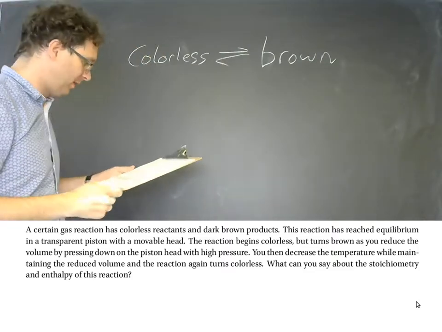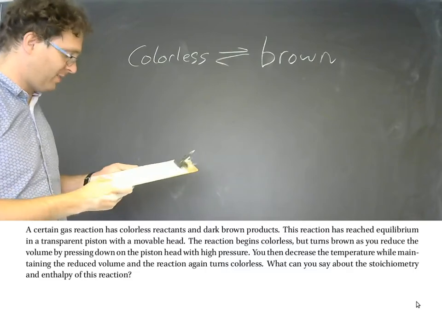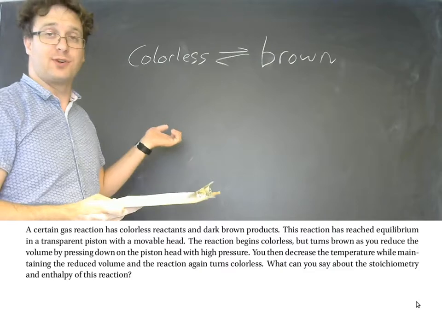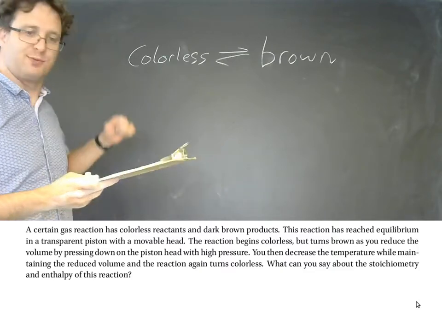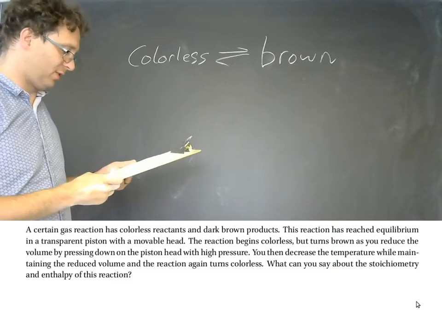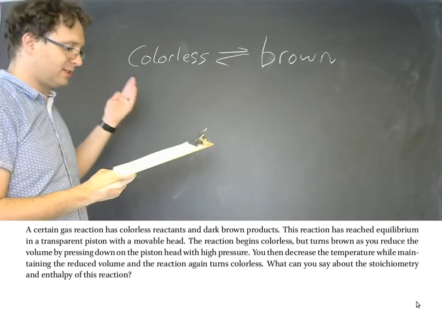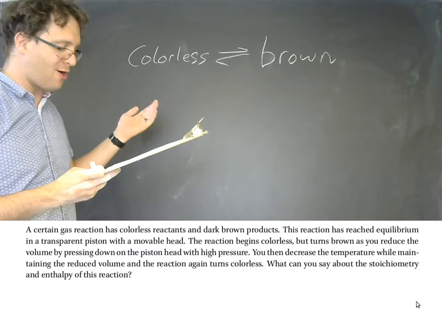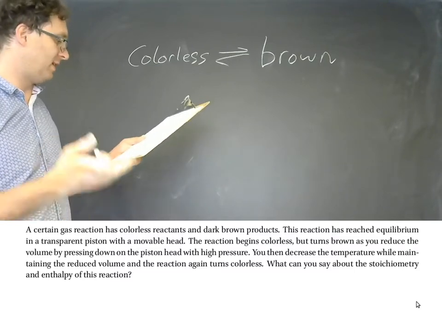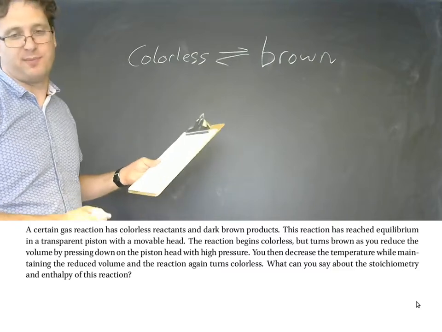The reaction has reached equilibrium, and it's in a transparent piston, so you can observe the color. And that piston has a movable head, so we can play with the volume and change the volume. If the reaction begins colorless but turns brown as you reduce the volume by pressing down on the piston with high pressure, what does that tell us?